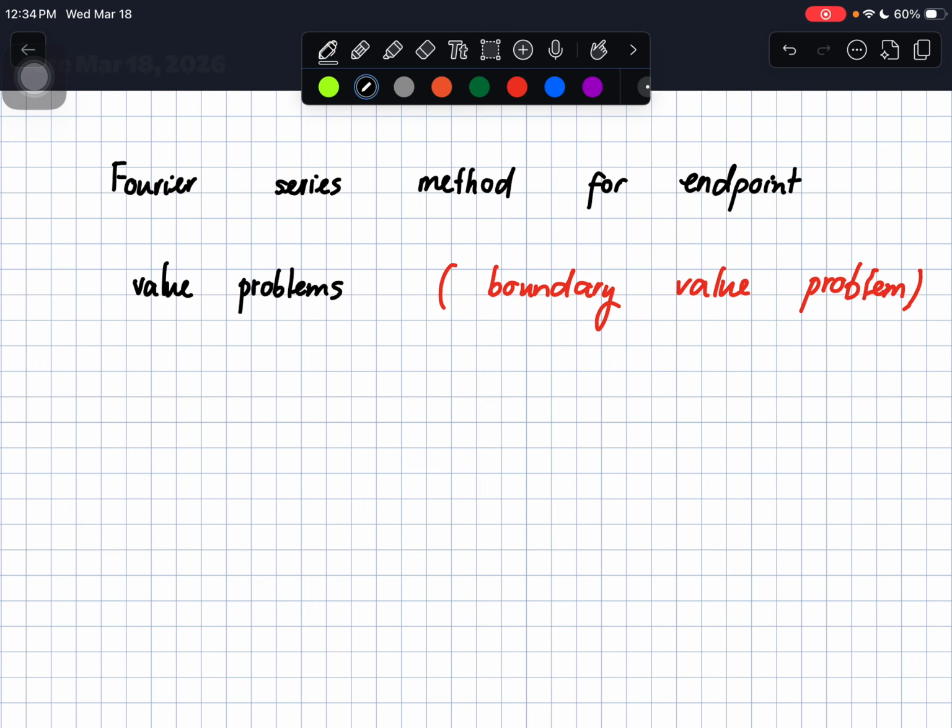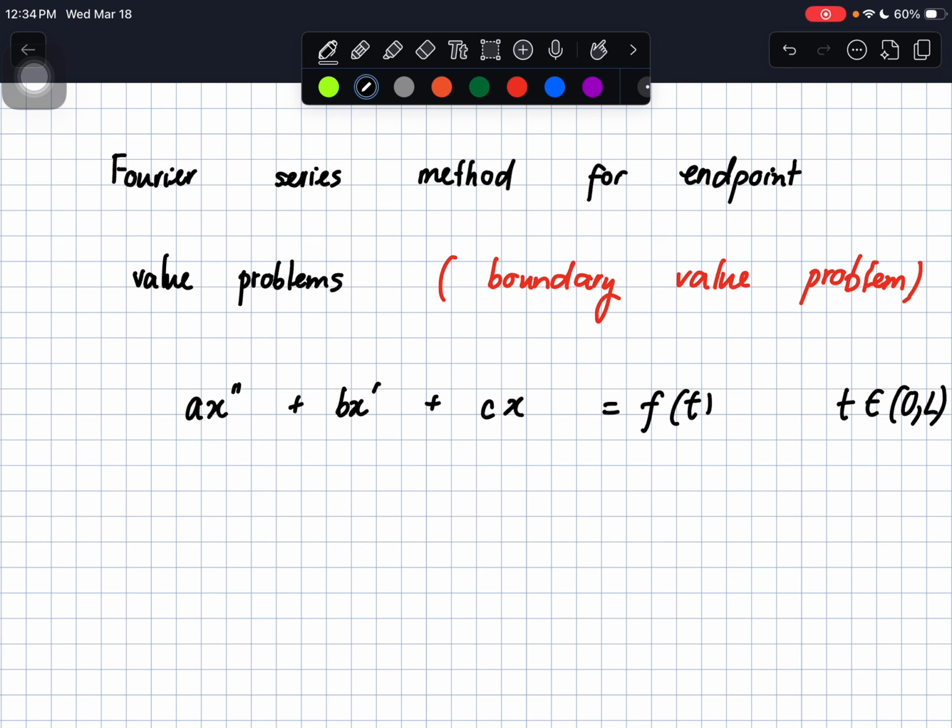So we are given this ODE: A times x double prime, plus B times x prime, plus C times x equals f(t). T here is between 0 and L. So we have two endpoints, 0 and L. Assume that we have the condition x(0) equal to x(L) equal to 0.